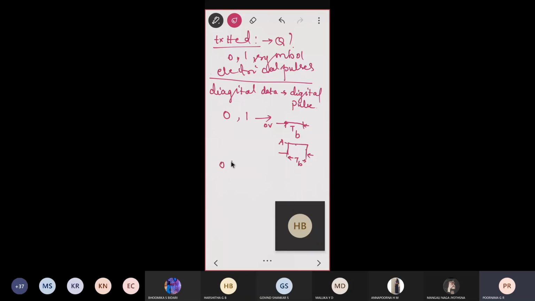Suppose I have 0, 1, 1, 0. Having a bit duration of TB for each bit, this is how you convert this information into electrical pulse form.